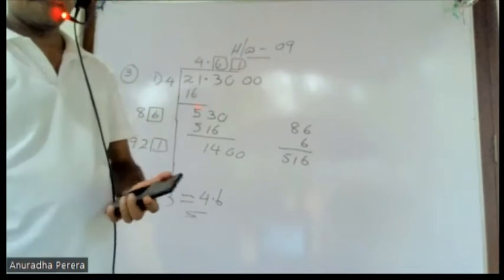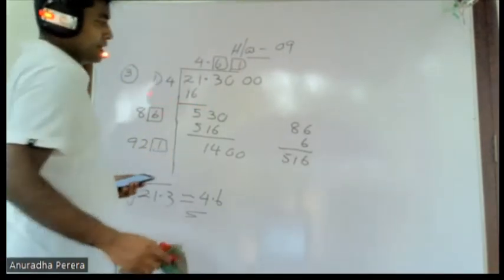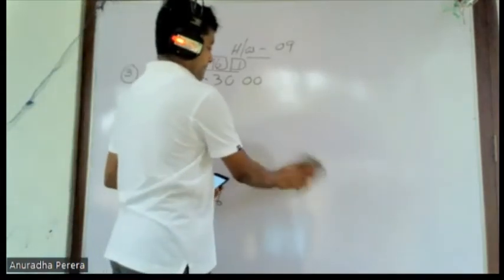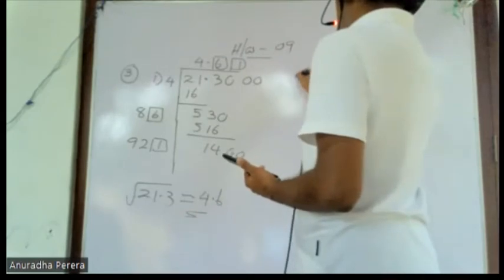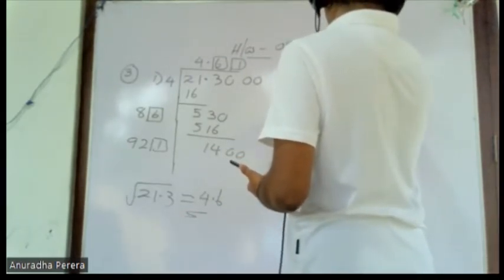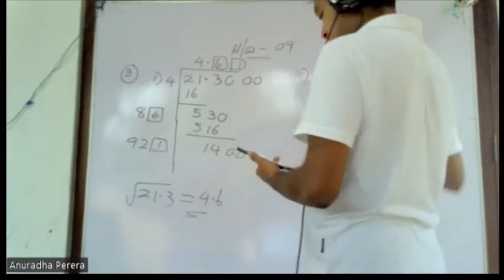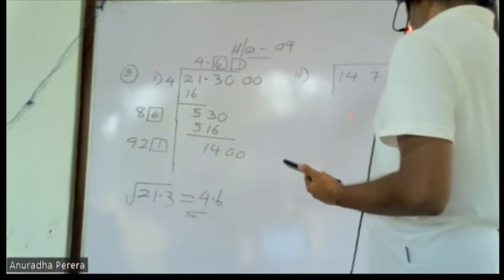Second question. 14.71. We need two decimal places.